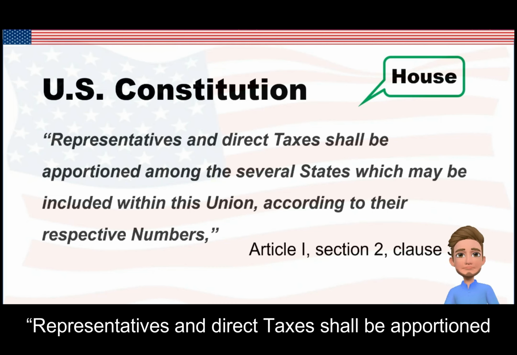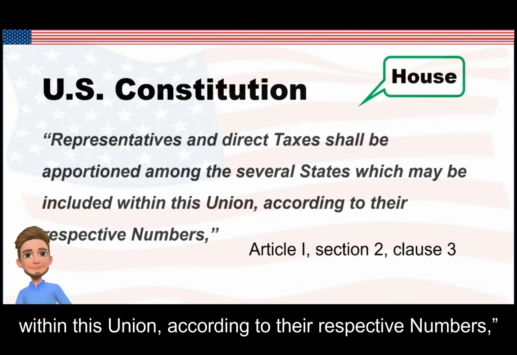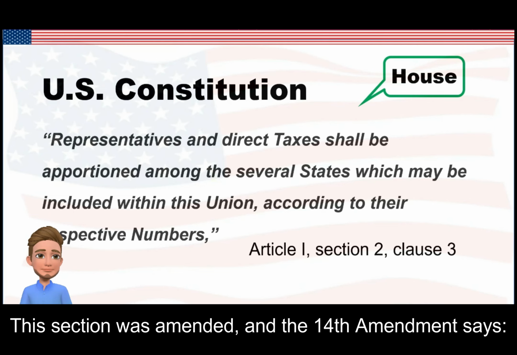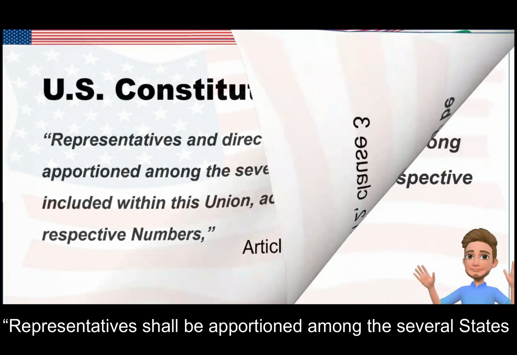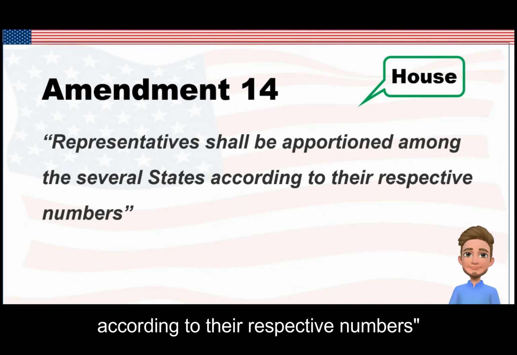representatives and direct taxes shall be apportioned among the several states which may be included within this union according to their respective numbers. This section was amended, and the 14th Amendment says, representatives shall be apportioned among the several states according to their respective numbers.